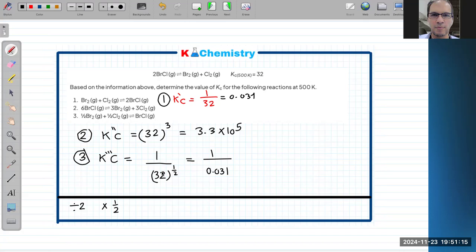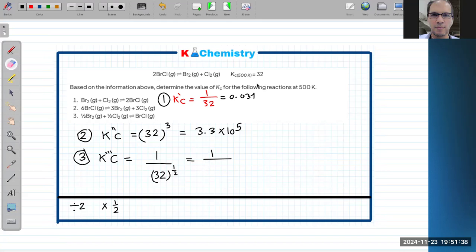We need to make 1 over 32 to the power of half. Let me do it. No, that's not good. Okay, this is not the right value. So 32 to the power of half. That's almost equal to 5.65.